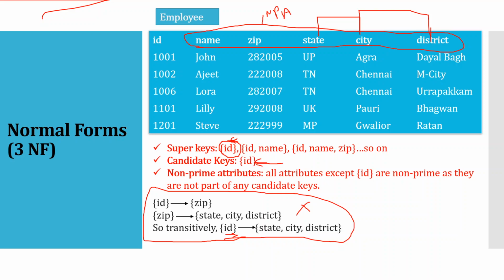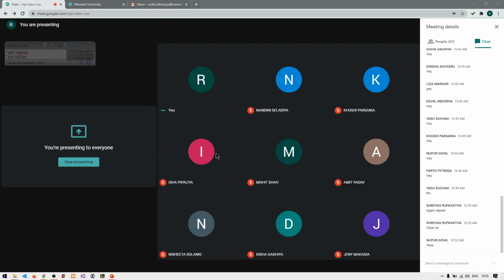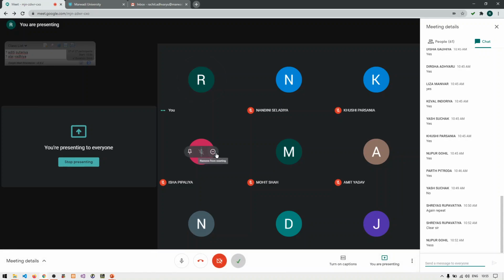All non-prime attribute functional dependencies on a super key should be removed. In short, this is the answer. Is this clear or any doubts? Anyone? Shall I repeat again?